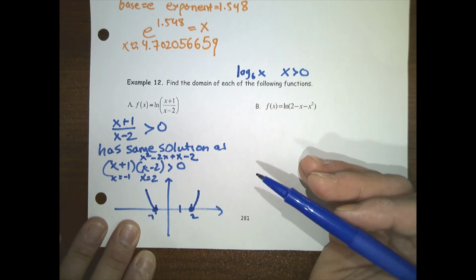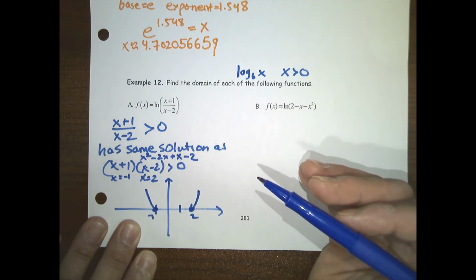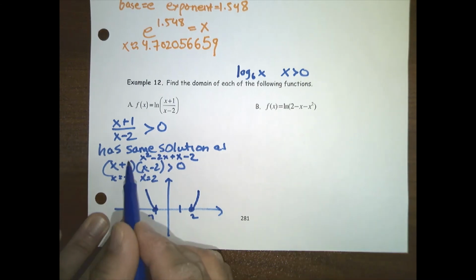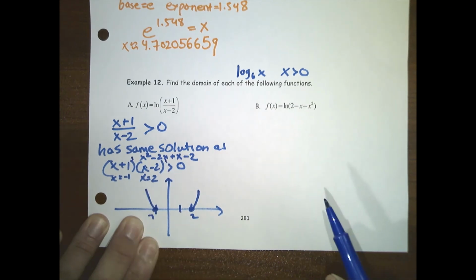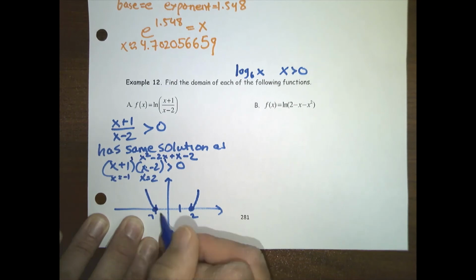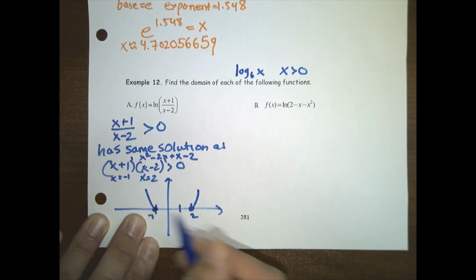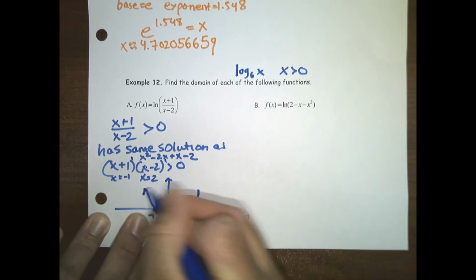By the way, I really just need to know that since each is an odd multiplicity, to the first power, this crosses the axis at -1 and at 2. So the graph looks something like this.